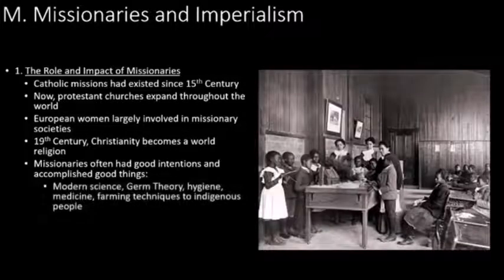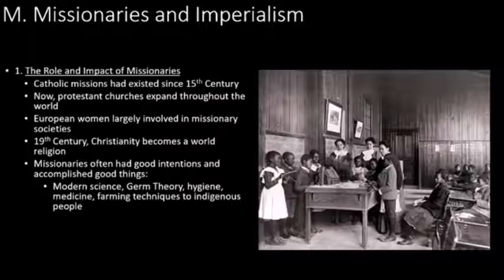So, modern science, all right? They brought modern science everywhere they went, okay? They brought the germ theory of disease. I mean, think about tribal people that did not know about germs, and they believed much in the way that Europeans believed, that all manner of things cause disease, even spirits.